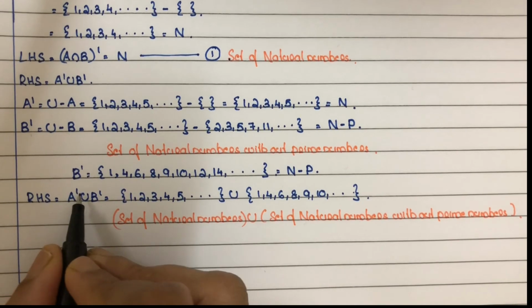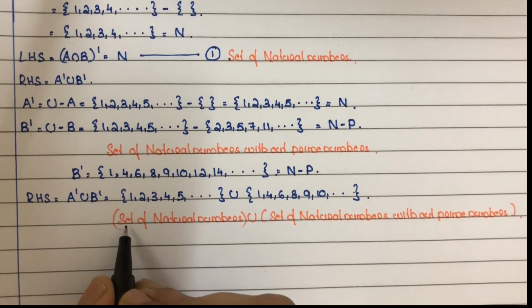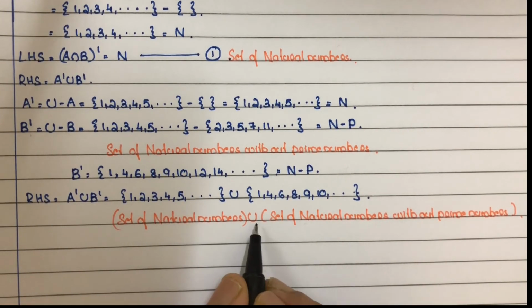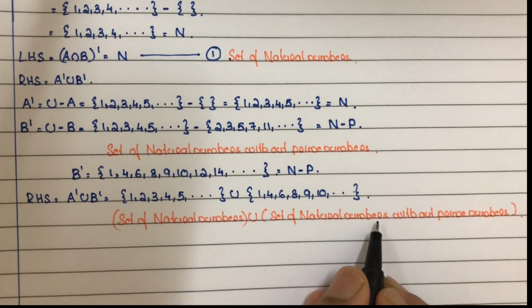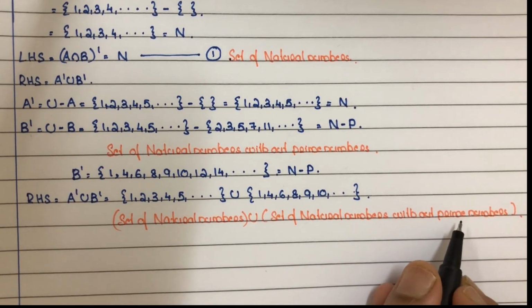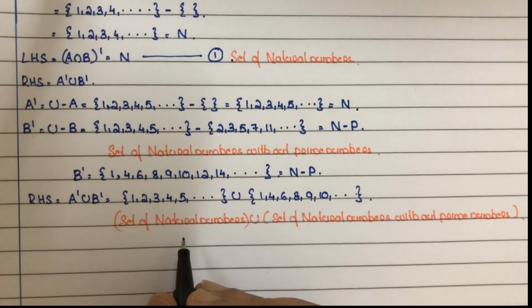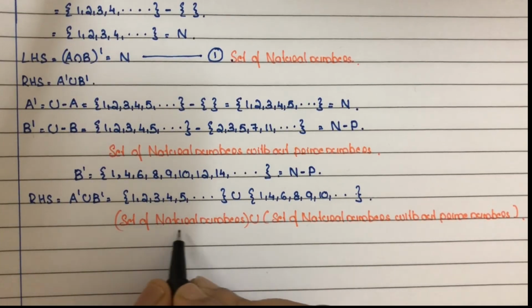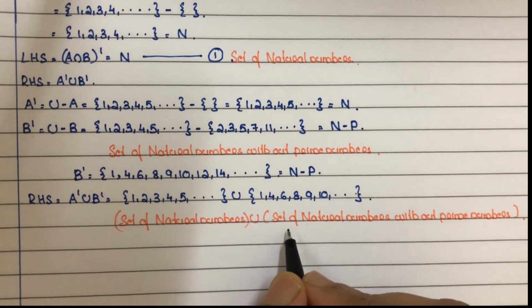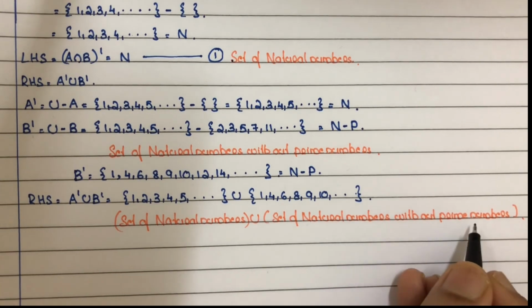So A complement union B complement equal to set of natural numbers union set of natural numbers without prime numbers. Now by definition we know that union of two sets has the elements which are in either set, right? So here the first set is set of natural numbers and the second is set of natural numbers without prime numbers.